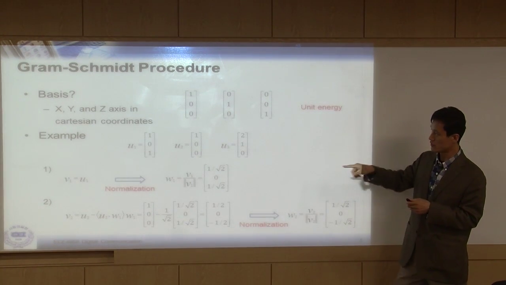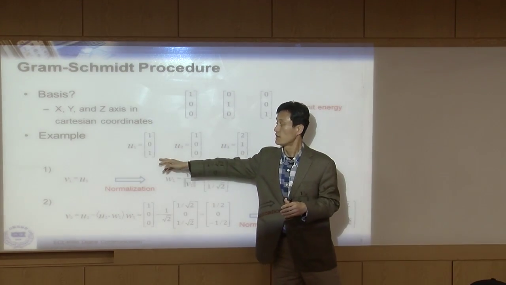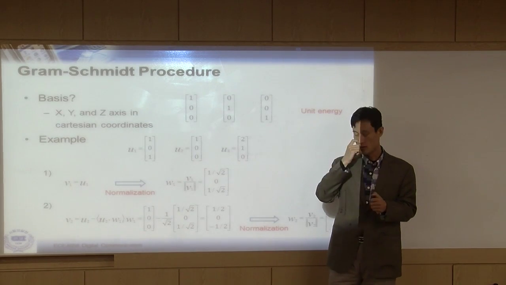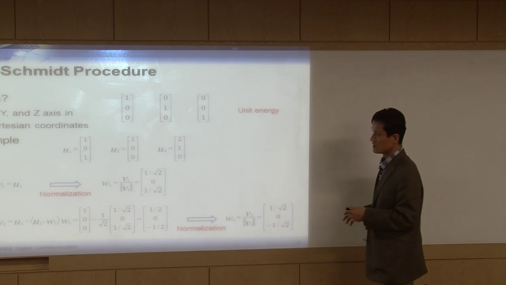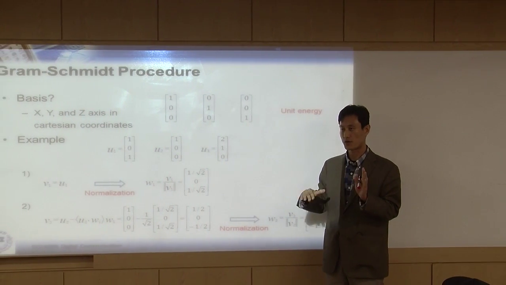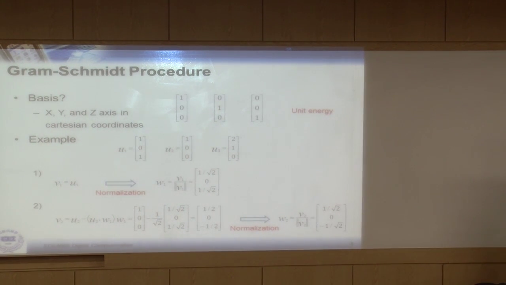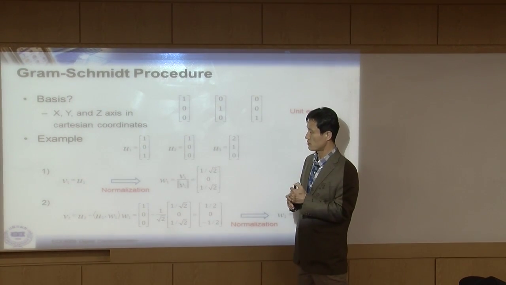When you draw the u1, u2, u3 vectors, you can see that between these two, the angle is 45 degrees, not 90 degrees. So those are not orthogonal. What we want to do is make these three vectors orthogonal, and this procedure tells you how to do that.